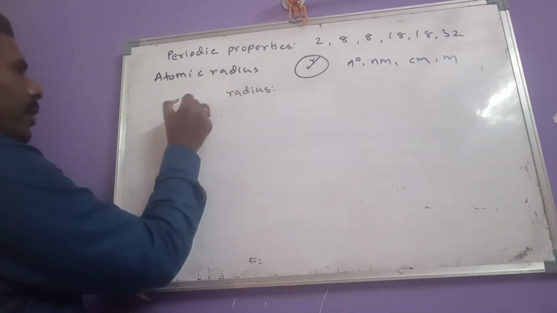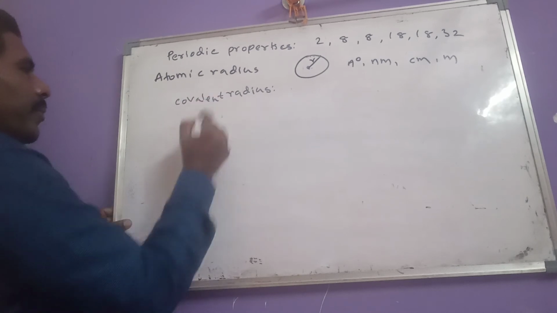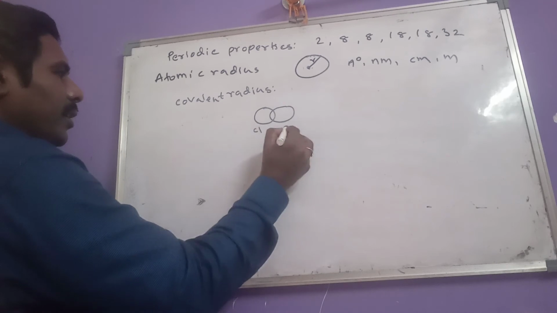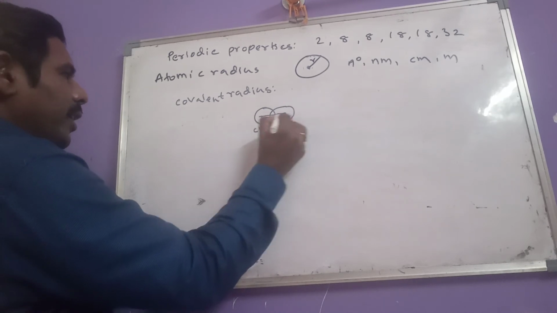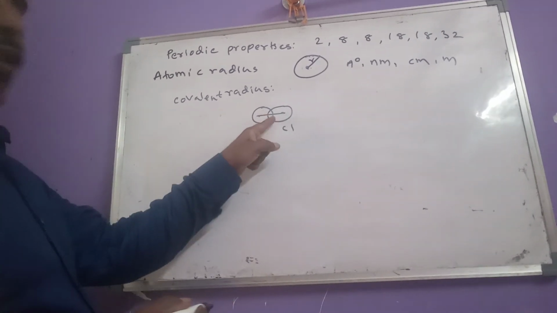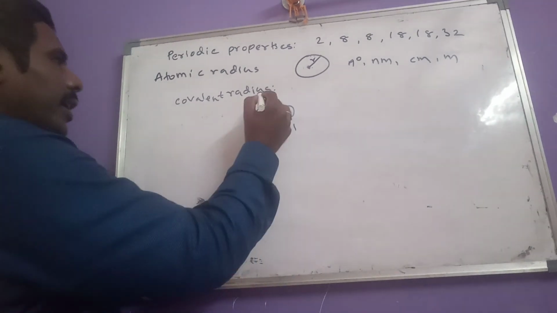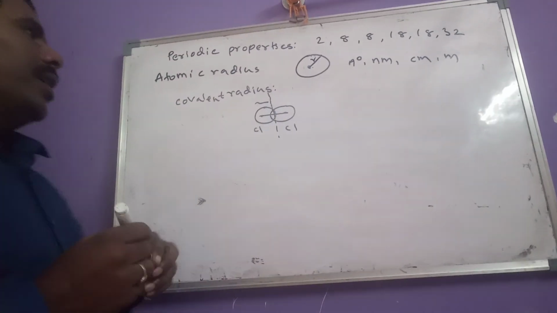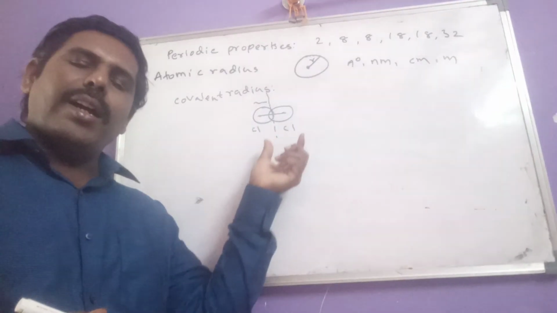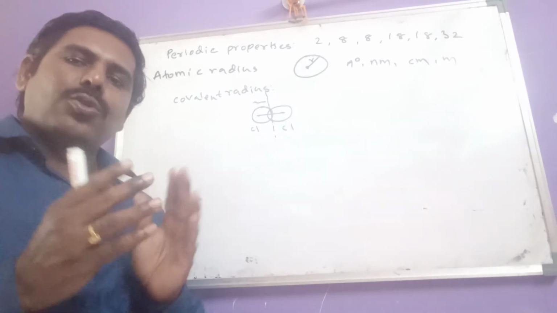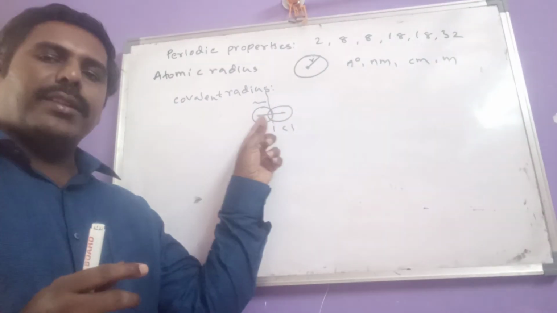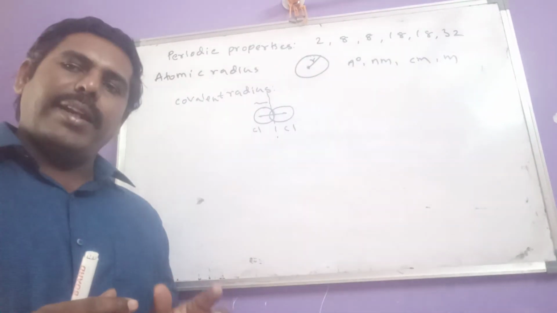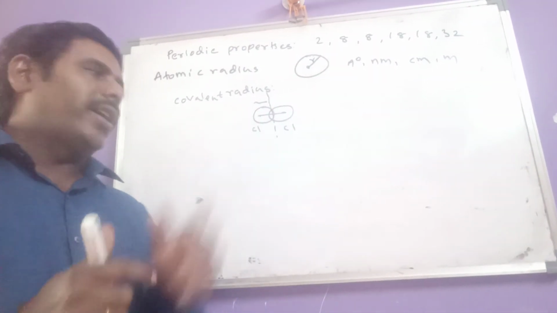For example, if you consider two chlorine atoms bonded with a covalent bond, overlapping takes place. Here again we have to consider half of the distance. So half of the internuclear distance of two atoms bonded with a covalent bond is known as covalent radius.